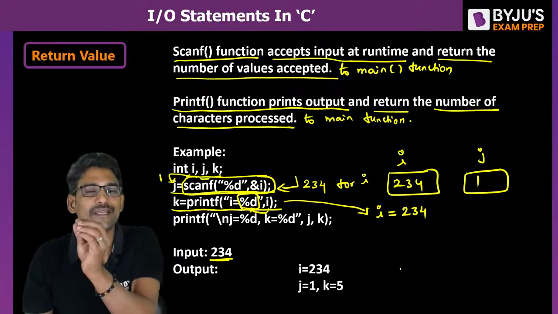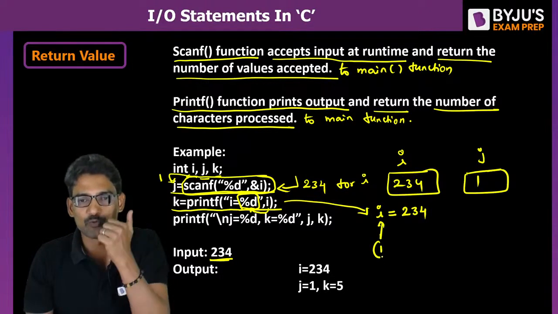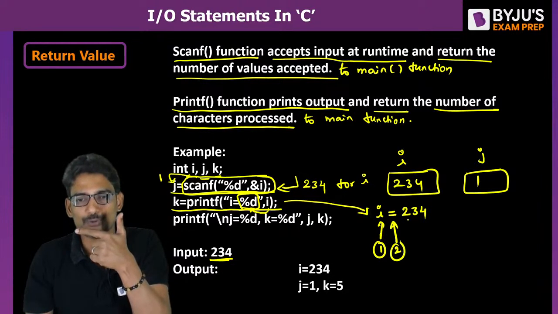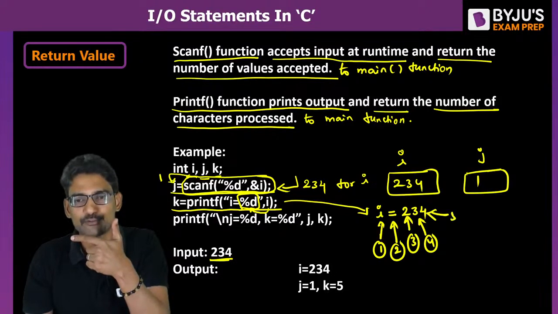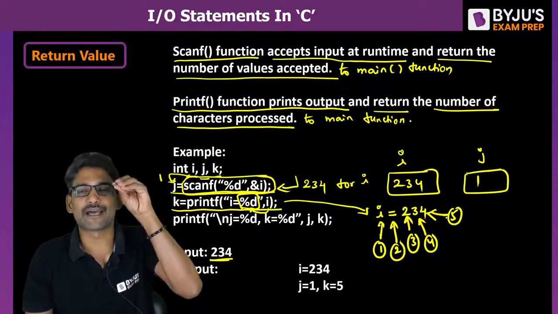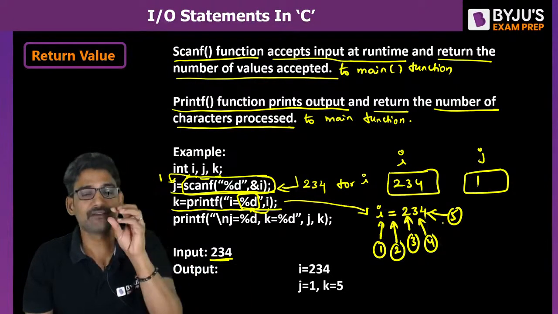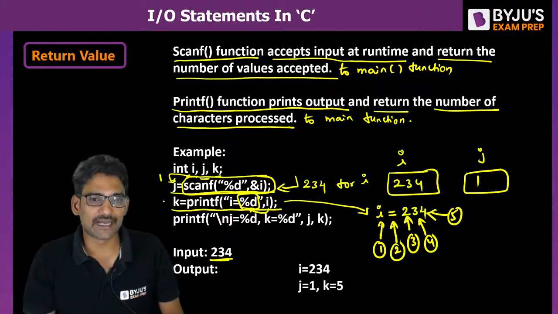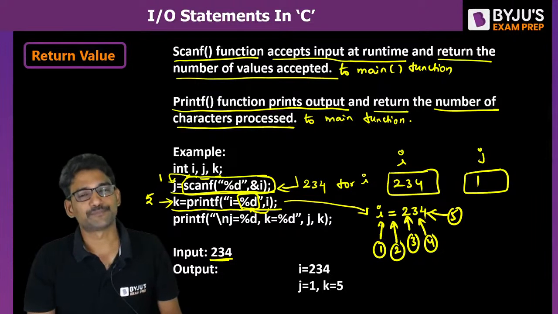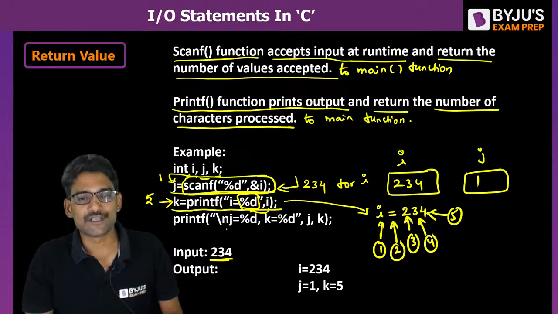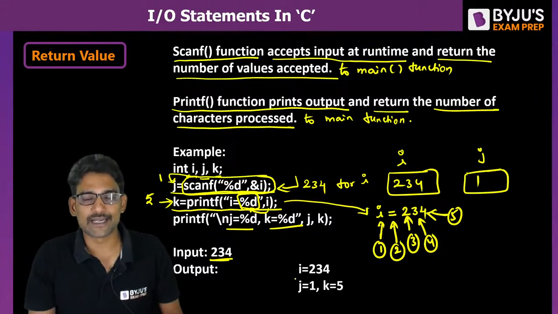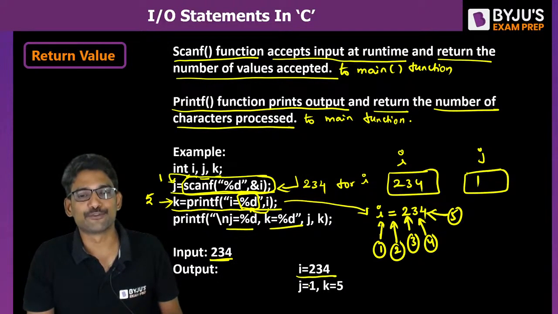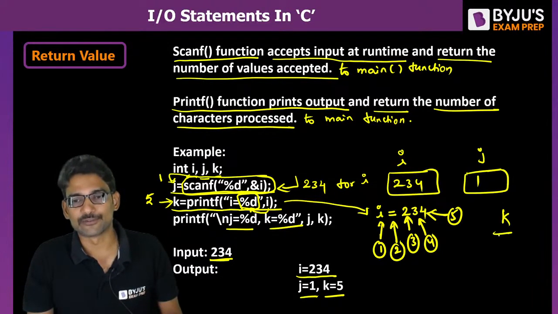Now count how many characters it processed. i is 1 character, equal to is 2, number 2 is the 3rd character, number 3 is the 4th, number 4 is the 5th. So in total 5 characters it processed and printed. So it returned 5 to main, which assigns that 5 to k. So when you print j and k, what do you get as output? i equal to 234, j equal to 1, k value 5.